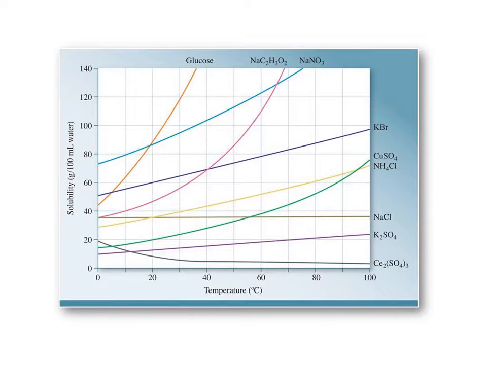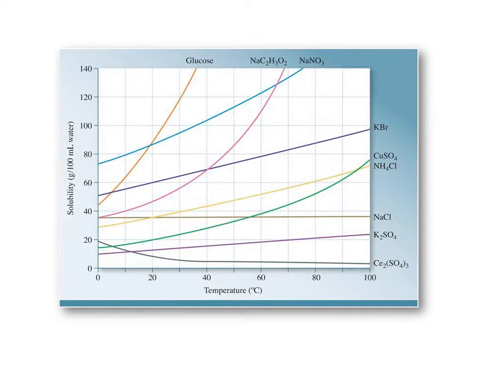You can see it starts out at about 20 grams per 100 milliliters of water at 0 degrees C, but as you increase the temperature, it decreases its solubility, or it precipitates out of solution. We'll go over this more later, but this is basically because of Le Chatelier's principle. This happens to be an exothermic reaction, so if you add heat to the overall reaction, it's going to drive the reaction towards the reactant side, which is the solid cerium sulfate.